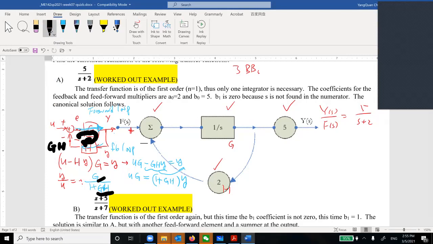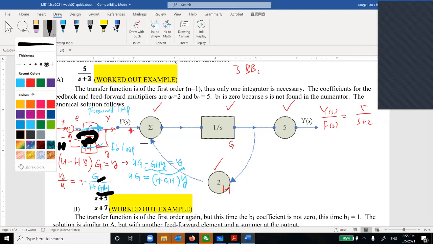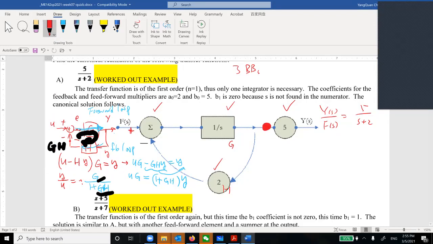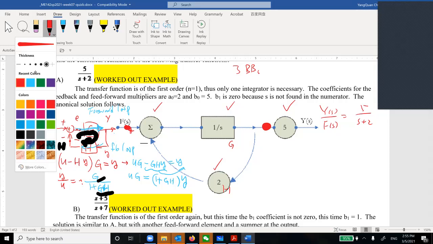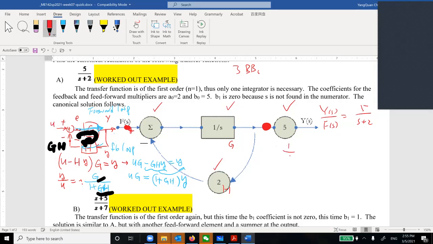So let's apply it in here. What is our case in here? From here to the F, apply the rule we just learned: the forward loop is 1 over S. Then G times H is 1 over S times 2, and 1 plus, okay? And then you multiply 5.